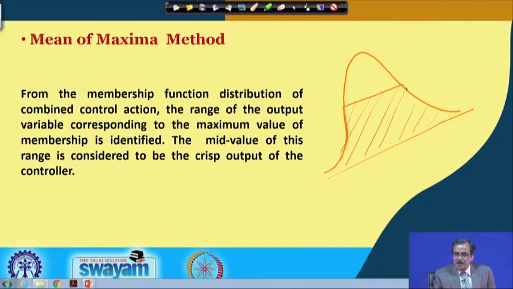So, I will have to find the area of this shaded portion using integration, and integration is computationally very expensive. That is why the center of sums method and the centroid method are computationally very heavy, and we can rely on the mean of maxima method.